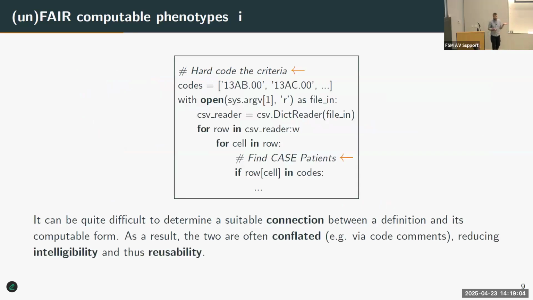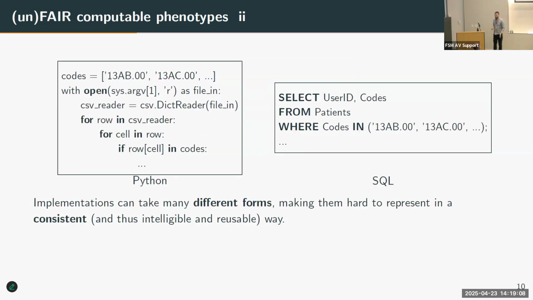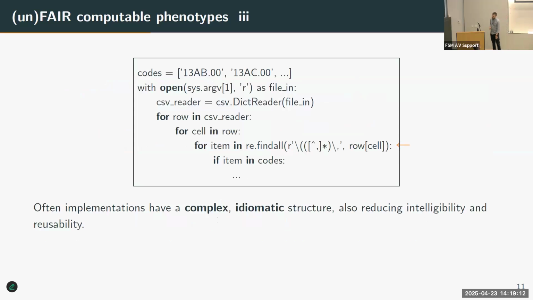Problem one was things were kind of unintelligible. We'd mashed together the logic with the implementation. Problem two, which isn't really a problem, it's actually quite nice, is lots of different types of implementation. And then problem three is that code is kind of complex, right? It can get kind of complex. It can get worse than that. It can get quite idiomatic. People have ways of writing code that won't make sense to other people. I've just chucked in this line. This is some regular expression I wrote 2 years ago. I've got no idea what it does. I can't remember.